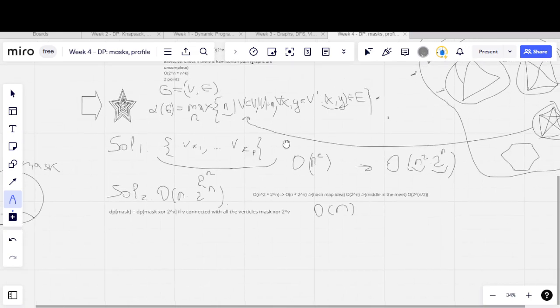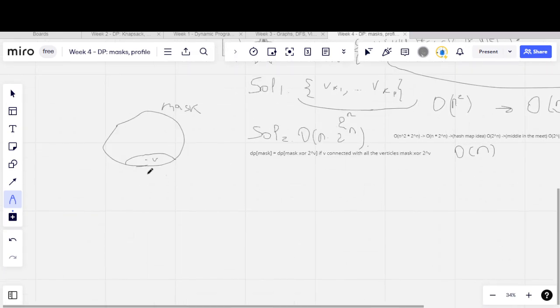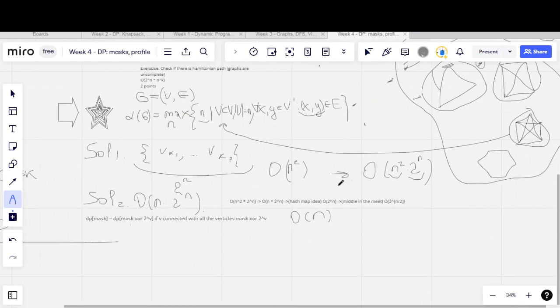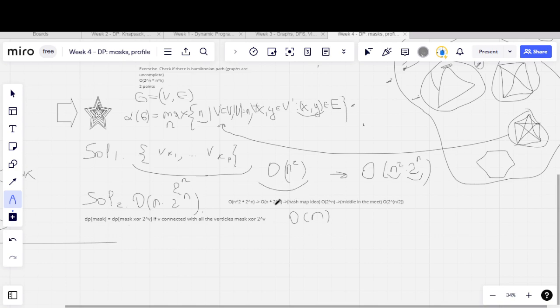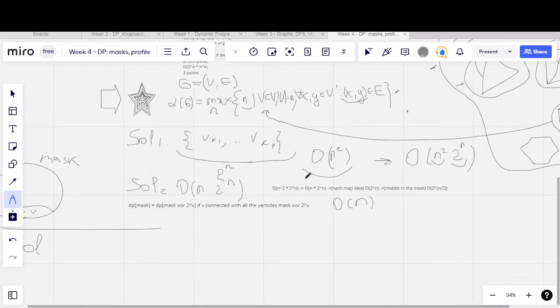We use the hash map idea. Is it clear? It's very simple. We just replace this condition with an easier one.